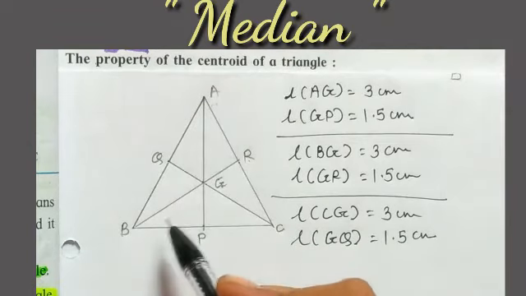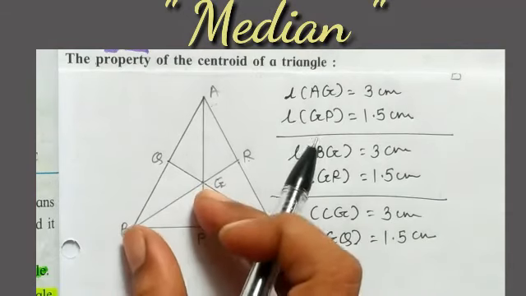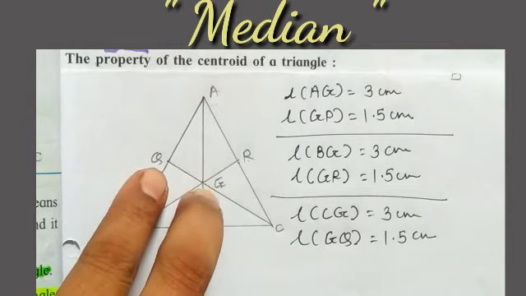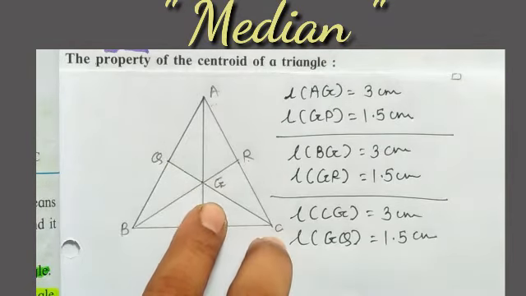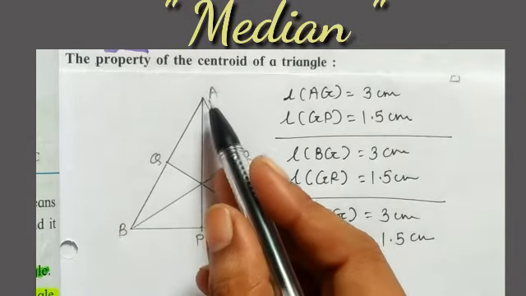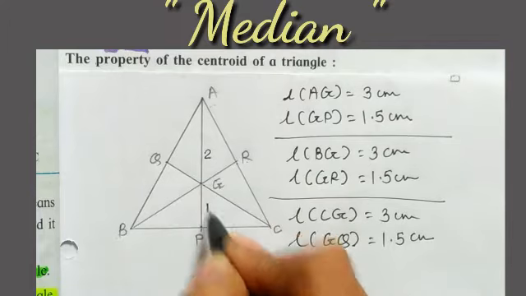In the same way, GR is just half of BG and QG is just half of GC. It means that the ratio of the lengths of the median parts is 2:1.